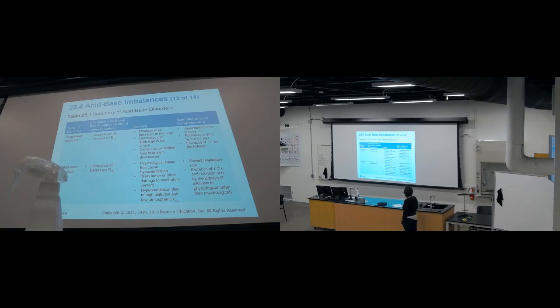What can be the causes of respiratory acidosis? Well, you may have a blockage in your respiratory tract due to an obstruction, internal or external, due to a tumor or a foreign object that you have aspirated, or you have decreased gas exchange in your alveoli. Maybe you have emphysema.